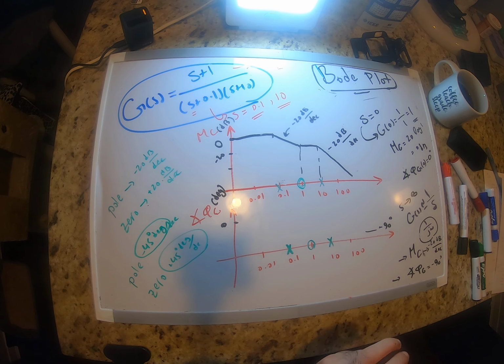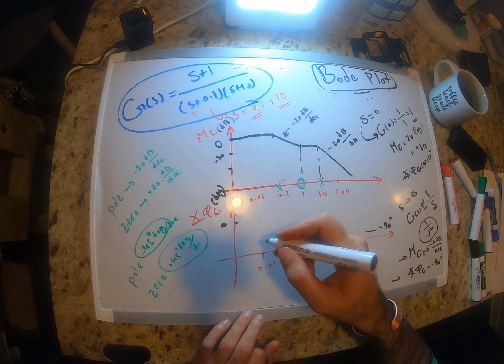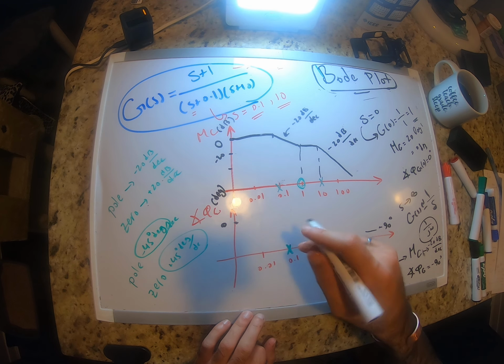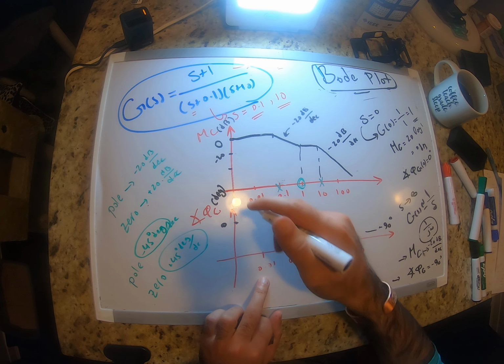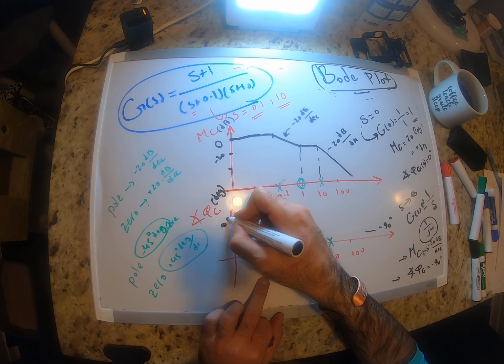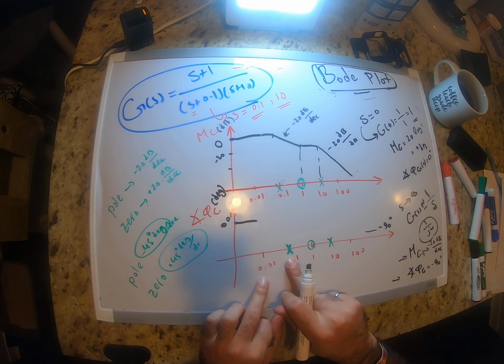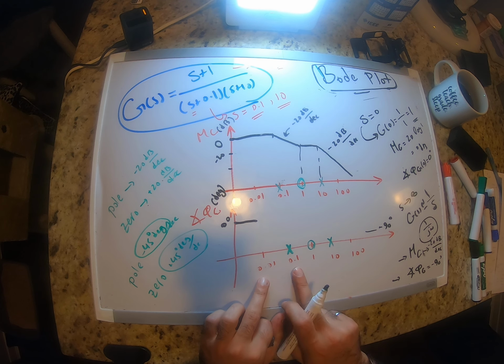So we have a pole here, right? Up to 1 decade before this pole, there's nothing happening, so the phase is going to stay at 0 degrees. But now we have a pole at 0.1.